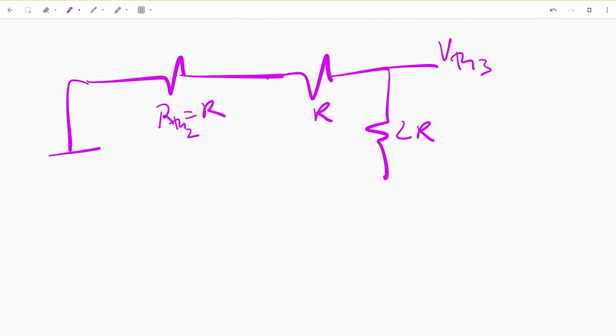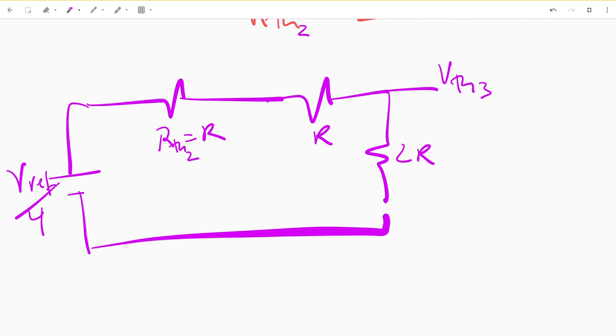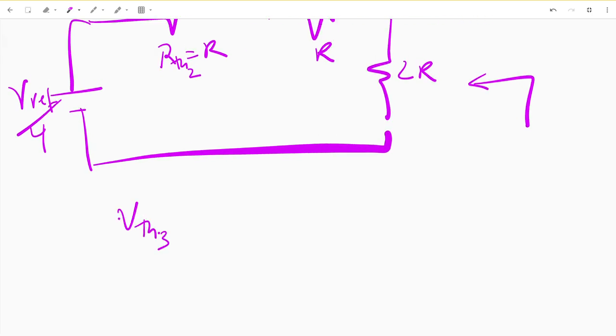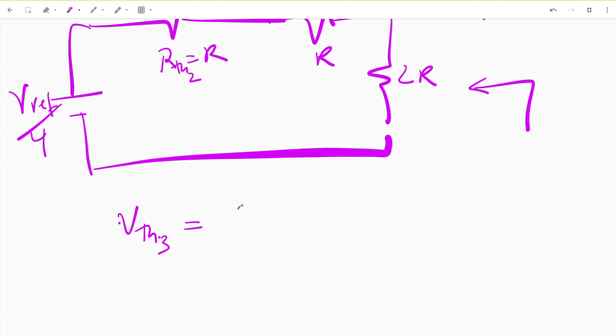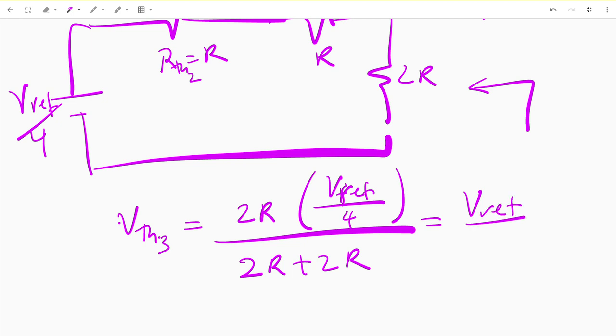This here now is going to be Vref over 4. And when we look in like this, we get VTH3 equal to 2R Vref over 4 divided by 2R plus 2R, which is equal to Vref over 8.